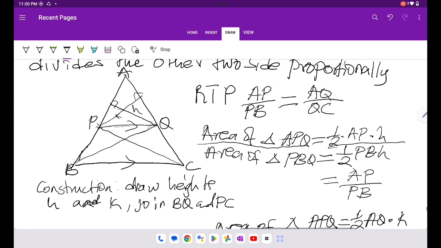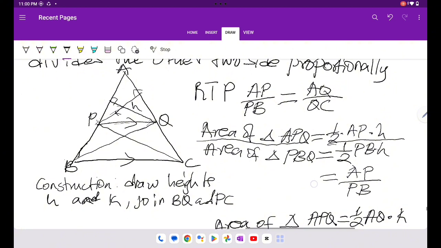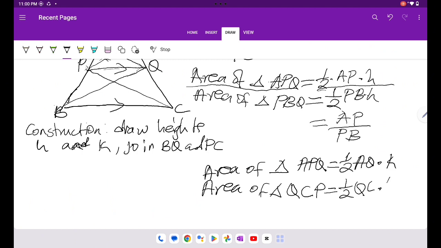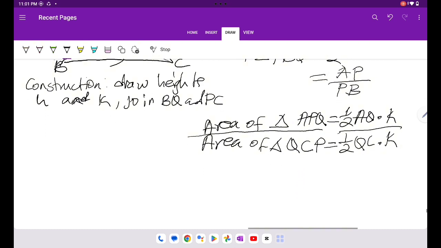As we look at it, for PQC, if we want the height, you can see it's the same height as this one. As we extend it, it's K also. Right, so the height is K. Now when we divide the two triangles, we will have something like AQ over QC.